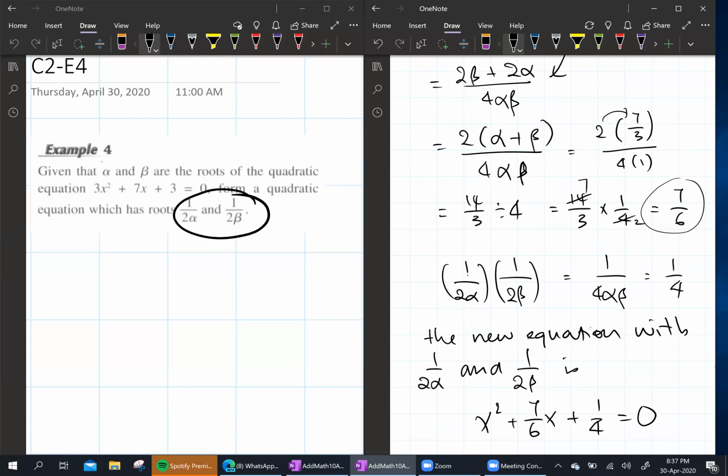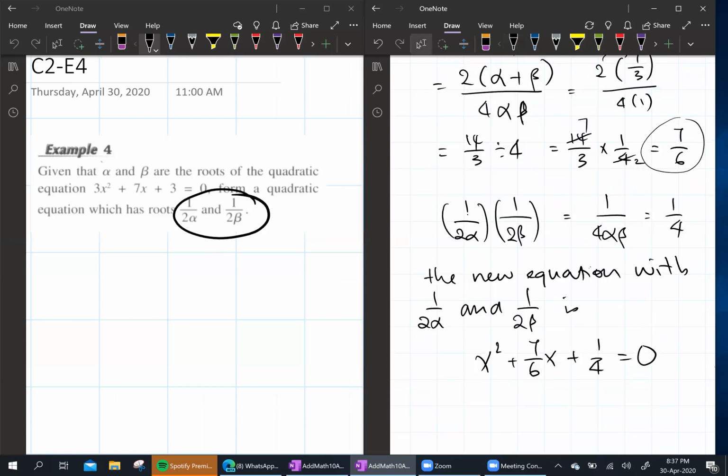Okay, understand. Then you have to multiply everything by what? You want to remove the denominator. Times by 12, to remove this.